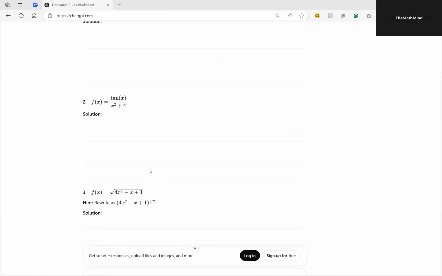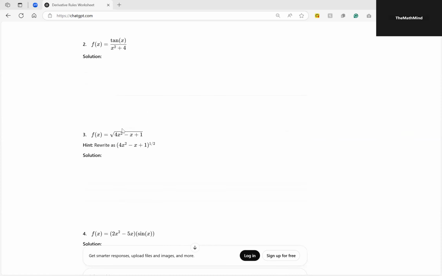The next question is about the quotient rule using tan and a quadratic function in the denominator. We're using the quotient rule. It is h of x equals f over g, when g is not equal to 0.